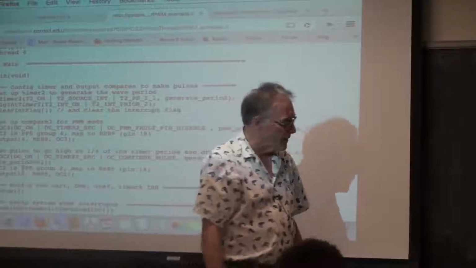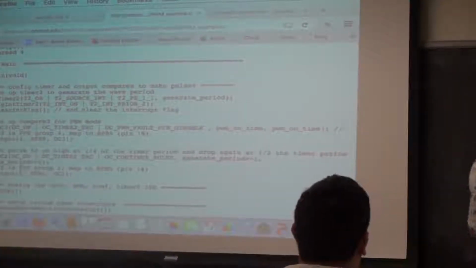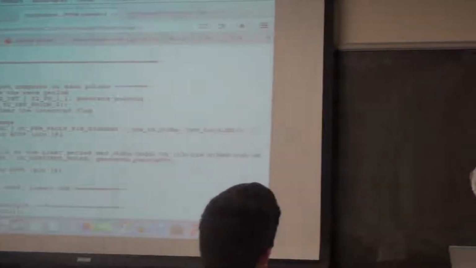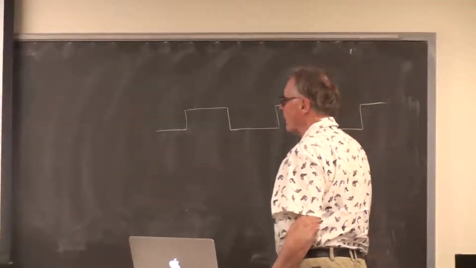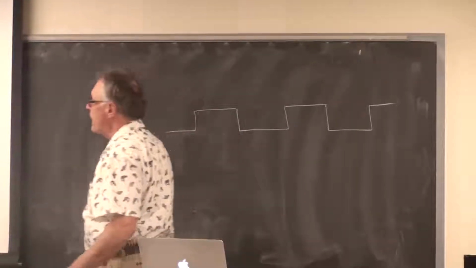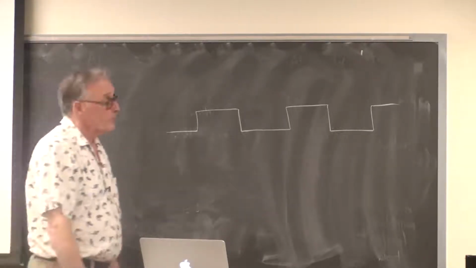What an output compare unit does is to watch the timer time out and produce a pulse train based on the timeout. And if you open the output compare with timer 2 as the source and put it in PWM mode, oh, fault pin disable. What in the heck does that mean?